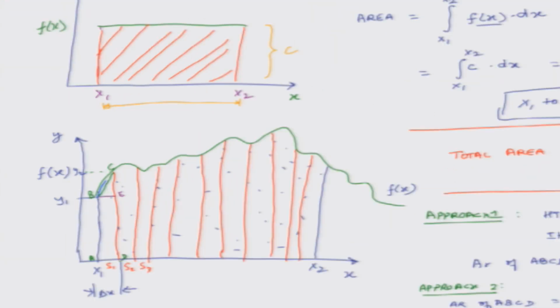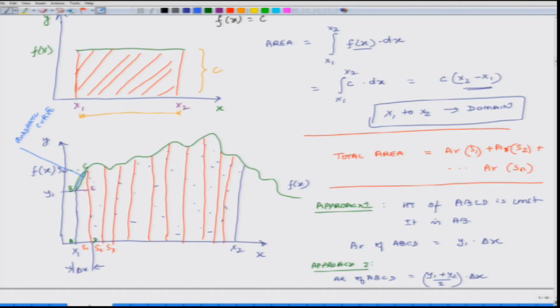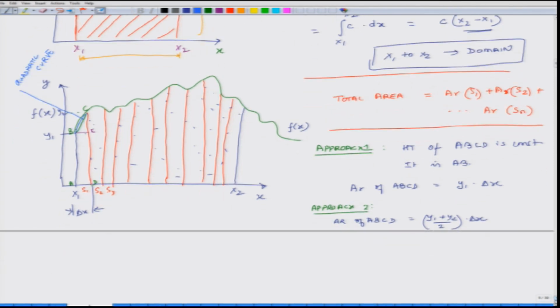So my line will be like this, and I say that this blue line is a quadratic curve. Now if I know that this is a quadratic curve, then I know the equation for the quadratic curve, and I can again calculate.